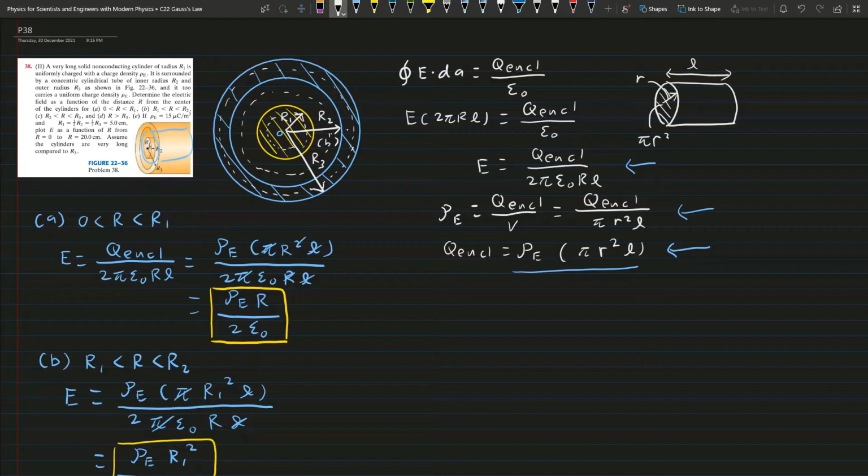One thing we know is that there are two regions.